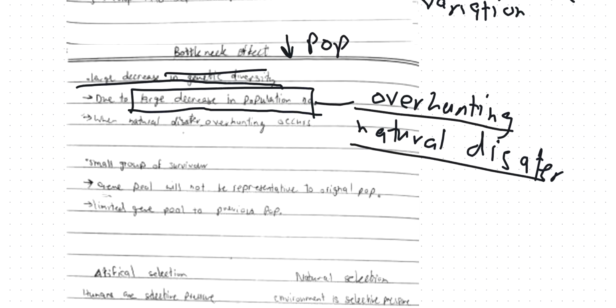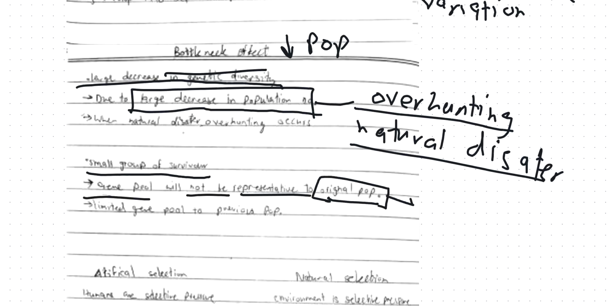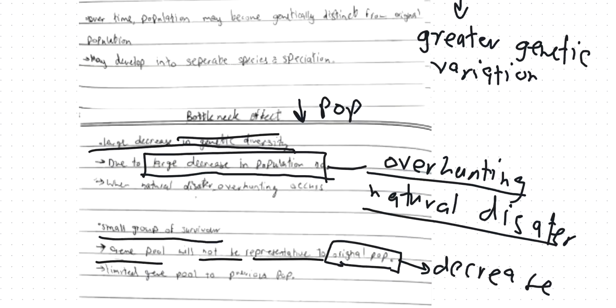So in the bottleneck effect, you'll have a small group of survivors, and the gene pool will not be represented by the original population, because remember that the original population decreased a lot. So this will cause a decrease in the gene pool. So, all right. So yeah, remember these two effects, the bottleneck and the founder effect.